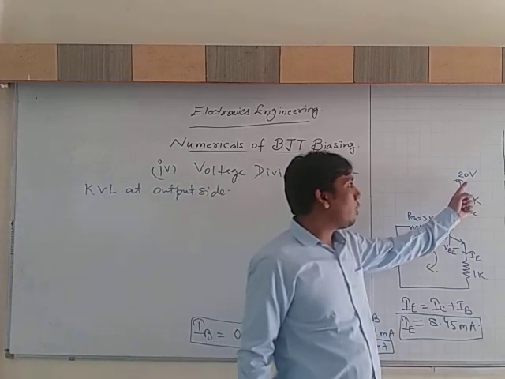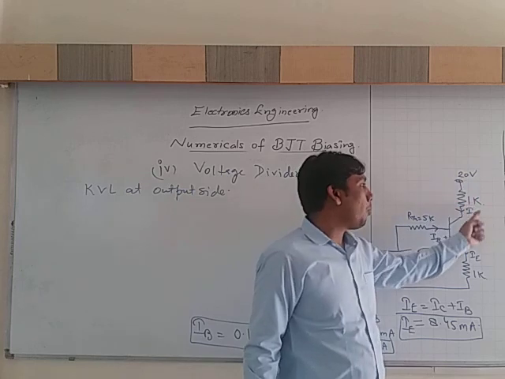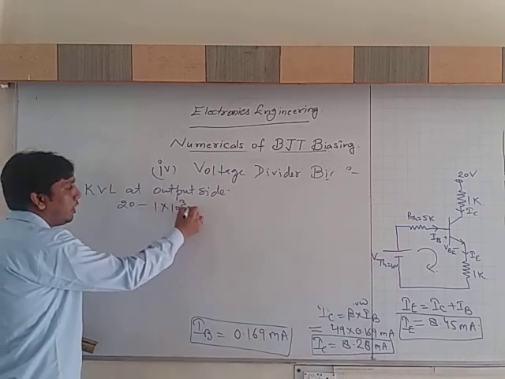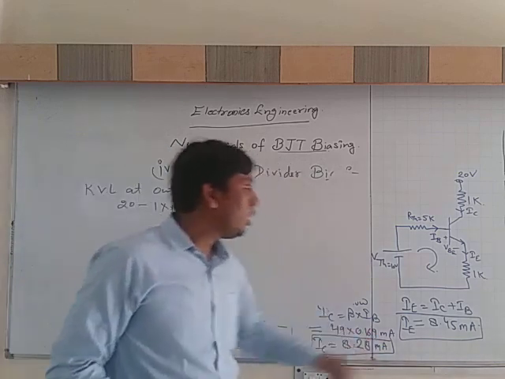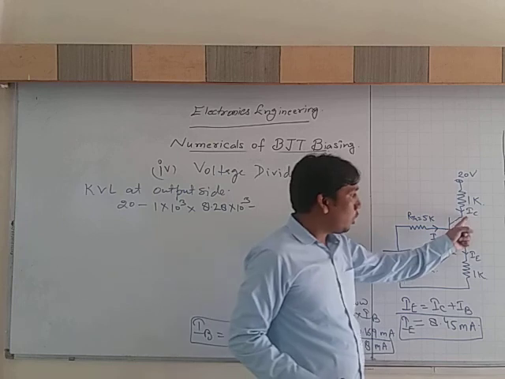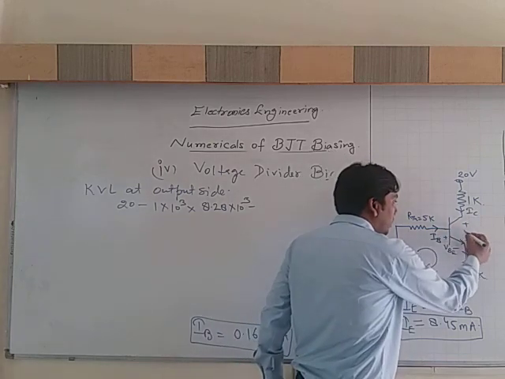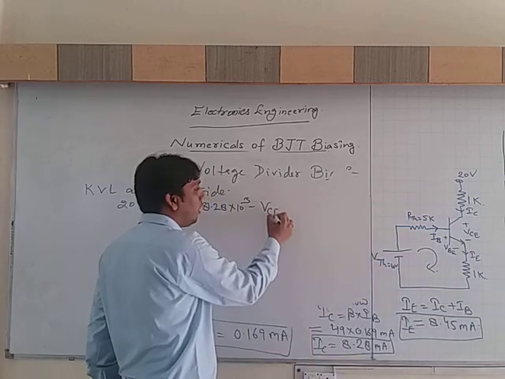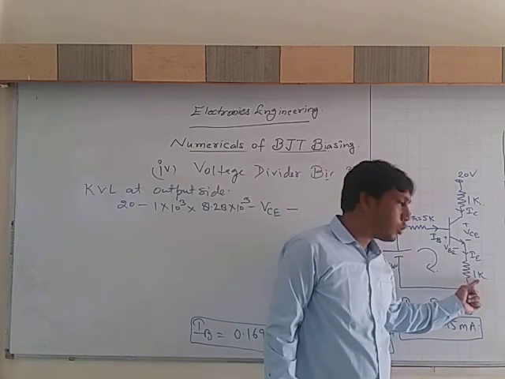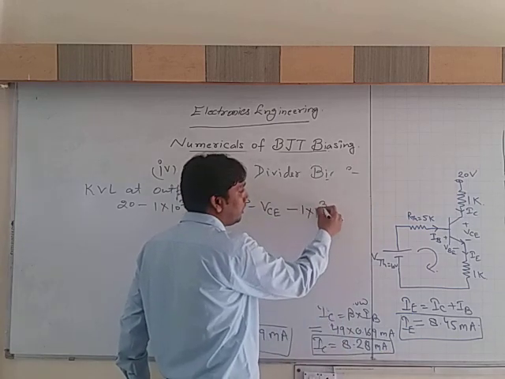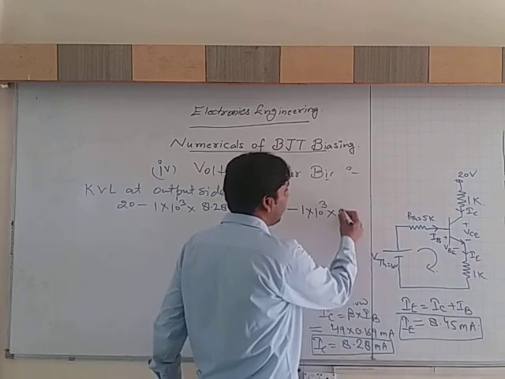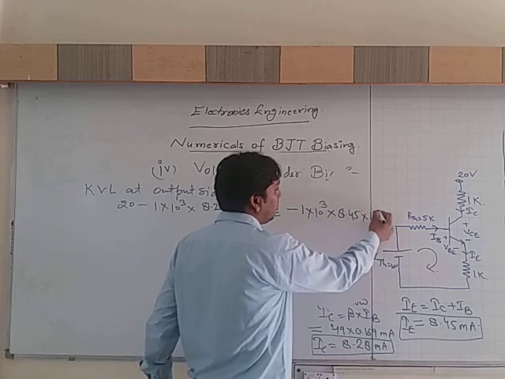From the output side, I have 20 minus the voltage drop across the collector resistance, that is 1 into 10 to the power 3 into the value of IC, 8.28 milliampere into 10 to the power minus 3, minus the voltage drop across the transistor, that is VCE, minus the voltage drop across the emitter resistance, also 1 kilo ohm, so 1 into 10 to the power 3 into IE, that is 8.45 into 10 to the power minus 3.